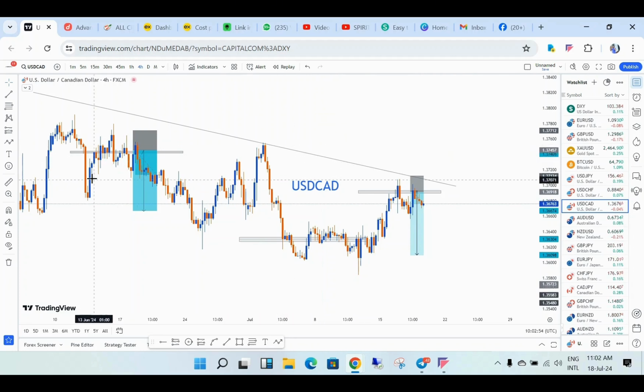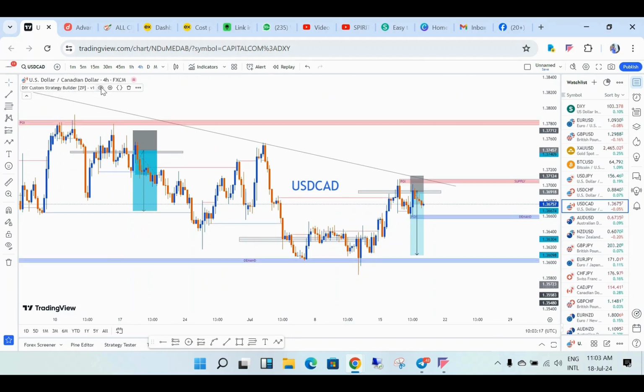Now basically you can by yourself plot out your demand and supply zones, which you are seeing here, but I always make use of an indicator that just helps me plot it by itself, so I don't start wasting my time.